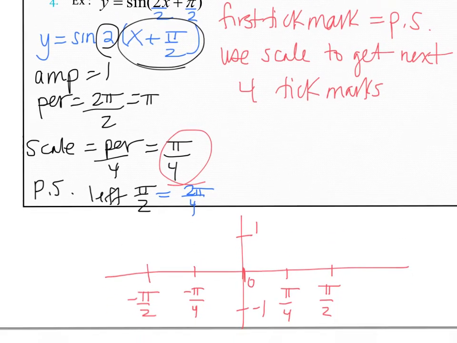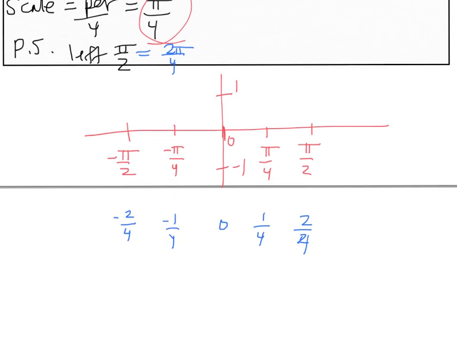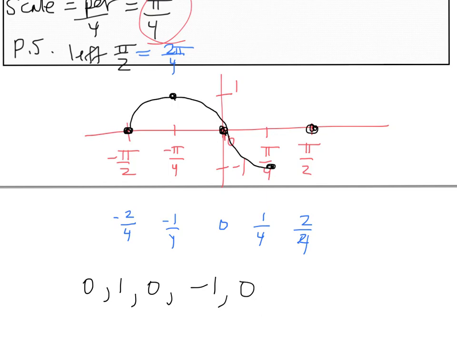So we were dealing with a sine graph, and sine graph always starts on the 0, so we're going to follow that pattern of 0, 1, 0, negative 1, 0. So my first point is 0, then positive 1, 0, negative 1, and then back at the 0. And then we can go ahead and sketch our curve through those points.